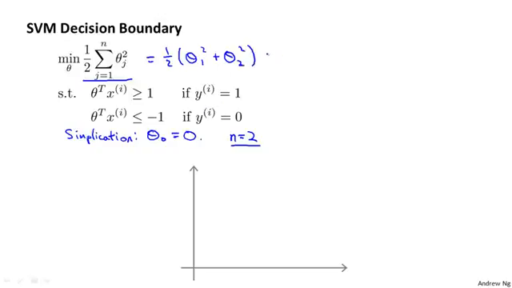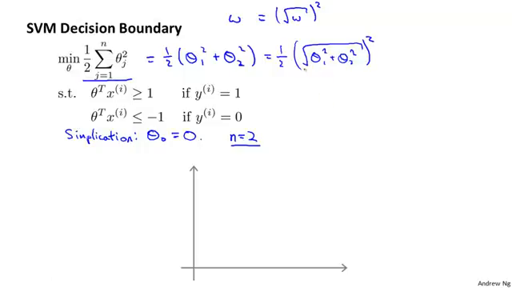And what I'm going to do is rewrite this a bit. I'm going to write this as 1/2 of the square root of theta 1 squared plus theta 2 squared, and then squared. The reason I can do that is because for any number w, the square root of w and then squared is just equal to w. So the square root and the squaring should give me the same thing.